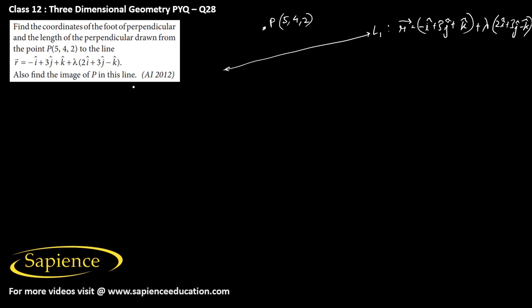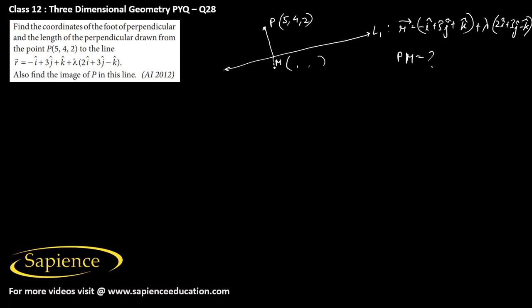So then we have to find the coordinates of the foot of the perpendicular that is drawn on this line, PM. So the coordinates of the point M that we have to find, and the length of the perpendicular PM also we have to find. And we also have to find the image of P in this line.